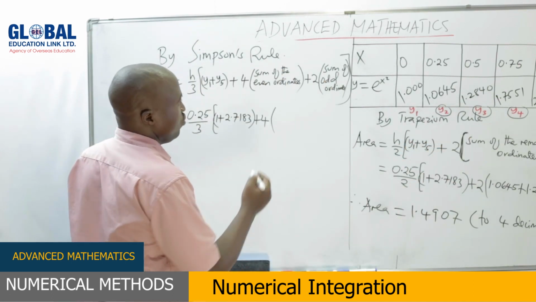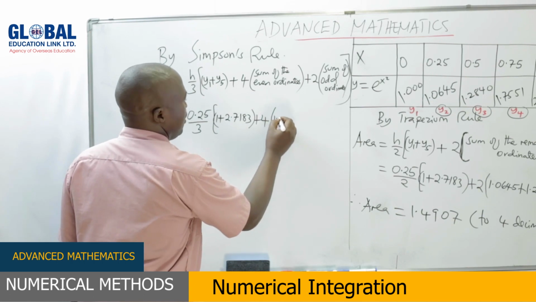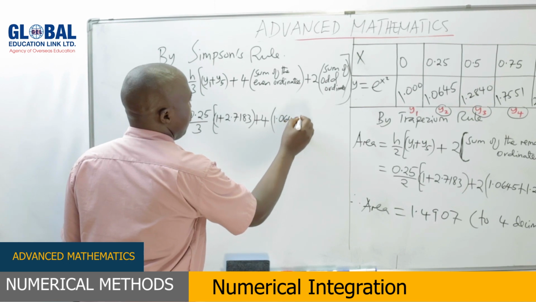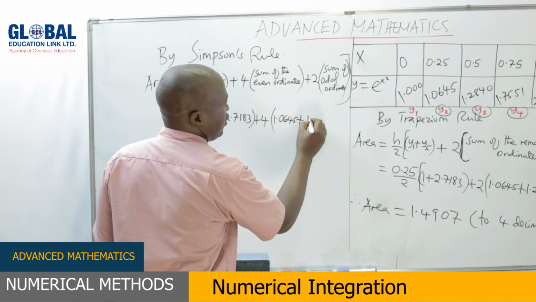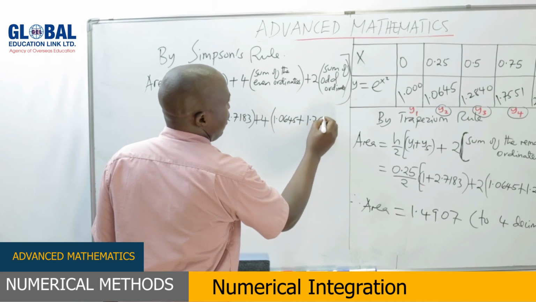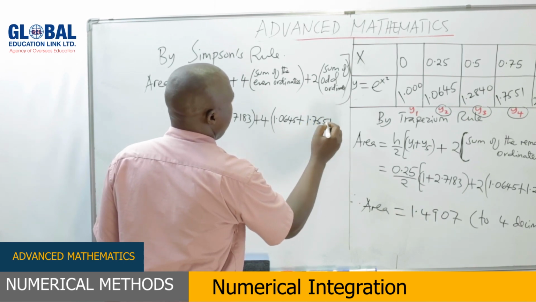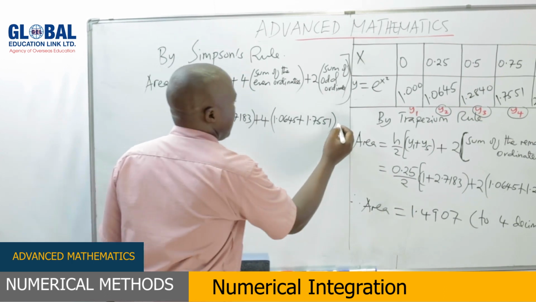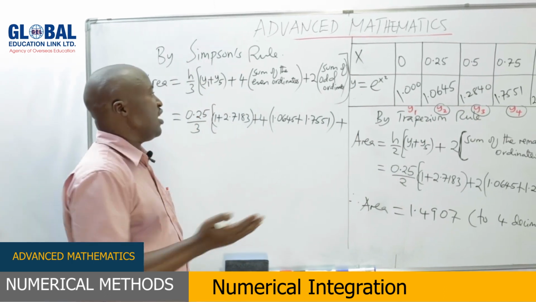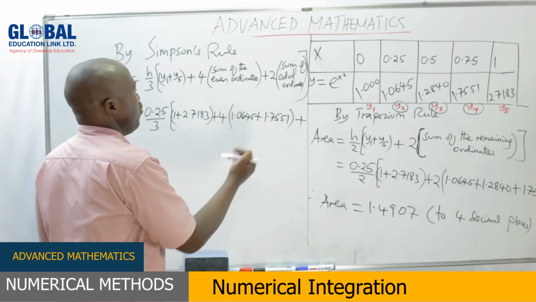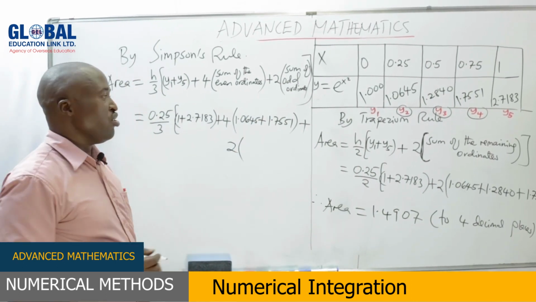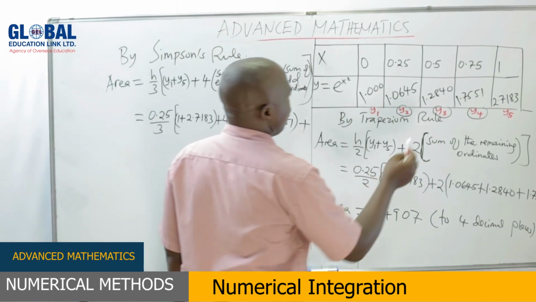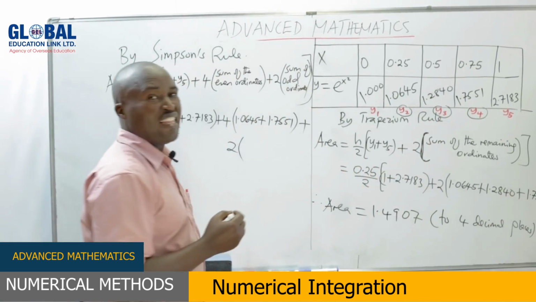So y2 is 1.0645 plus, that is y4, we have 1.7551. Then plus, according to our formula, 2, the sum of odd ordinates. What are the odd ordinates here? We have only one, that is y3.